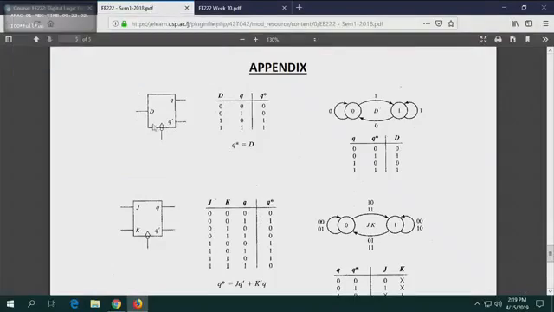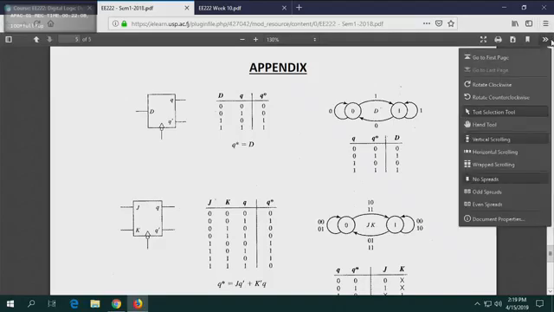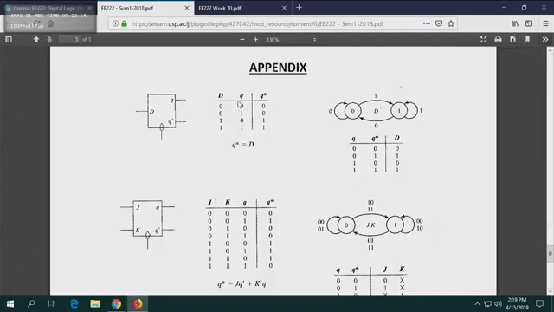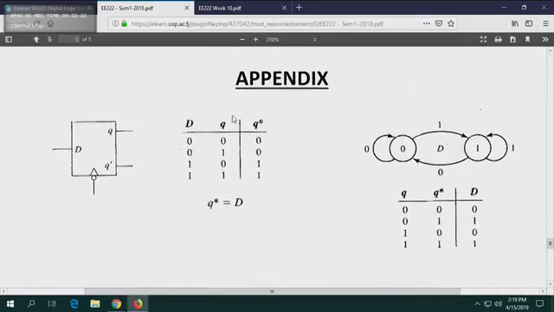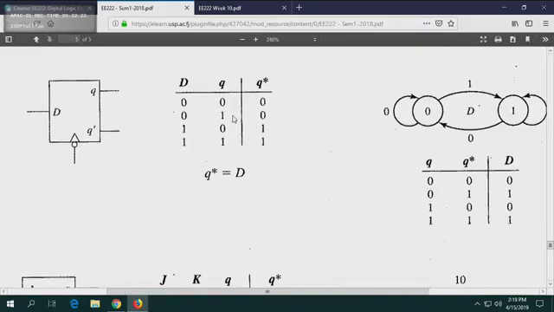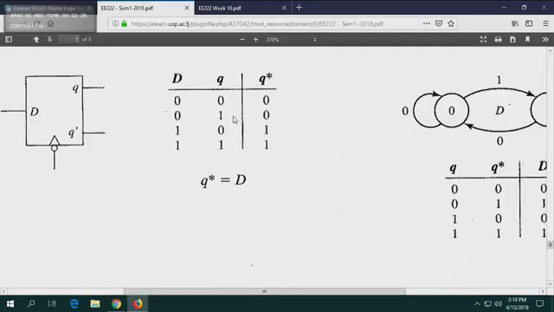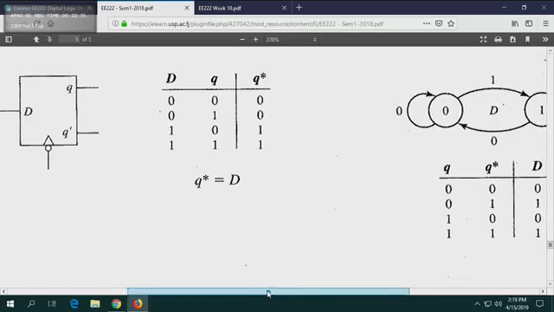Okay, we are doing the D flip-flop. Our circuit has got which flip-flop, guys? It's got the D flip-flop. So which table are we going to use? There's two sets of tables.